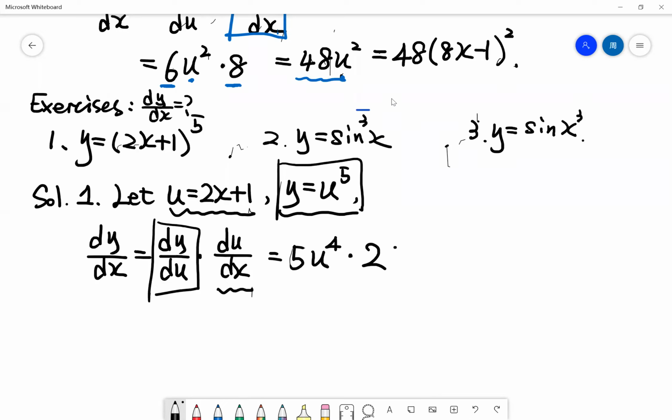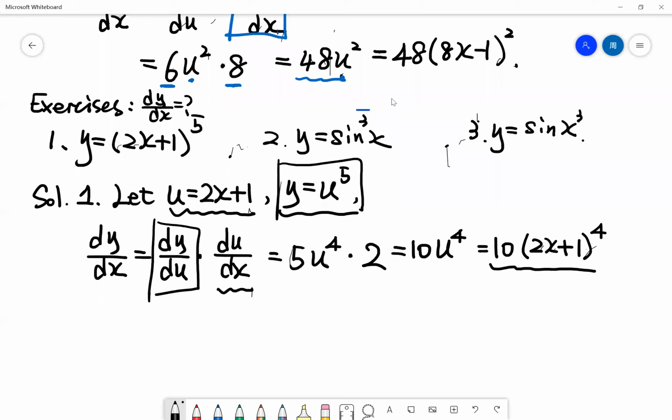So that equals 10 times u to the power 4, and u equals 2x plus 1, so we substitute u back. That equals 10 times (2x plus 1) to the power 4. This is the final result of the first question.